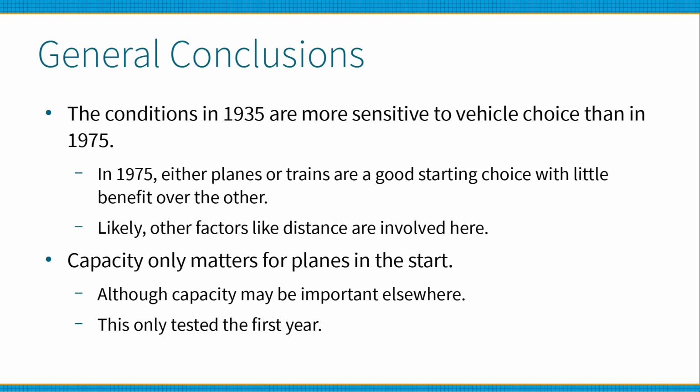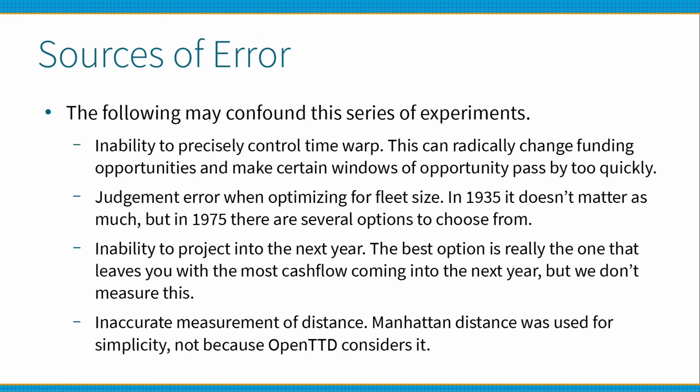But really, you want to optimize capacity when it comes to planes. Get the biggest plane out to what the runway could support, and this might actually change over time. As a result, we only looked at the first year, so maybe you could run a more profitable regional service as a result.